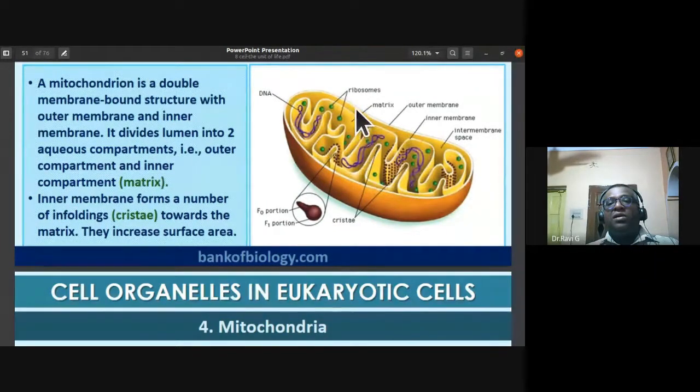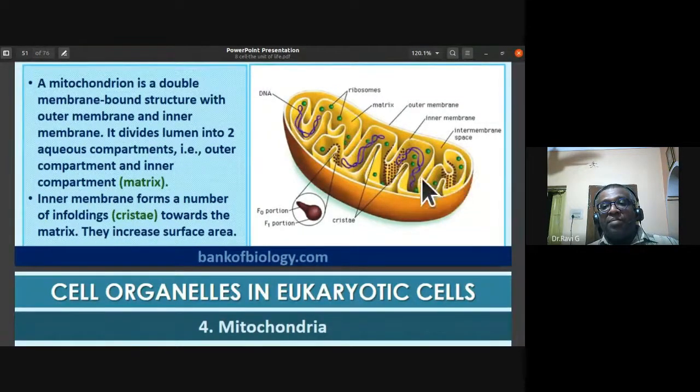The mitochondria is sausage-shaped or cylindrical. They have two membranes, the outer membrane and inner membrane. The inner membrane has numerous finger-like infoldings, which increase the surface area available. So they divide it into outer compartment and inner compartment.